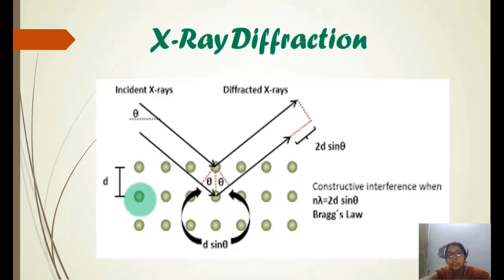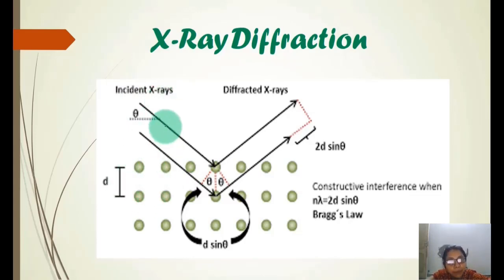Also, X-rays have a wavelength in this region, that is 1 to 10 nanometer is the size of X-ray. So since X-rays also have wavelength comparable to this, lying in the region of a few angstrom, and the interplanar spacing, they both are comparable.